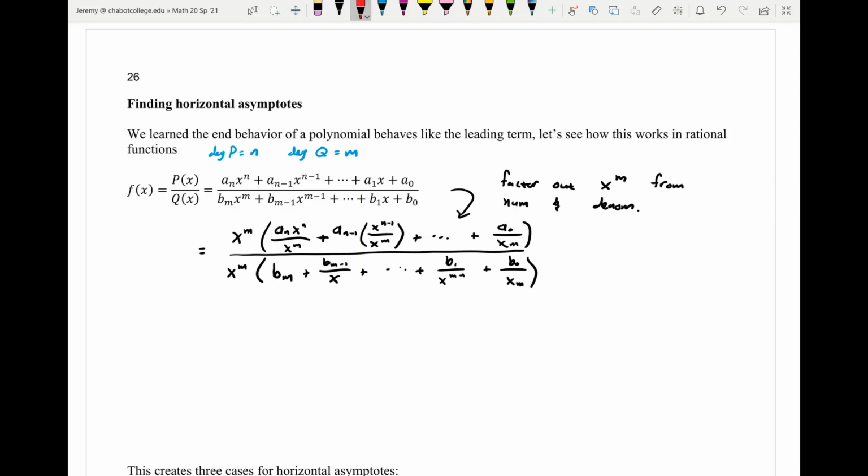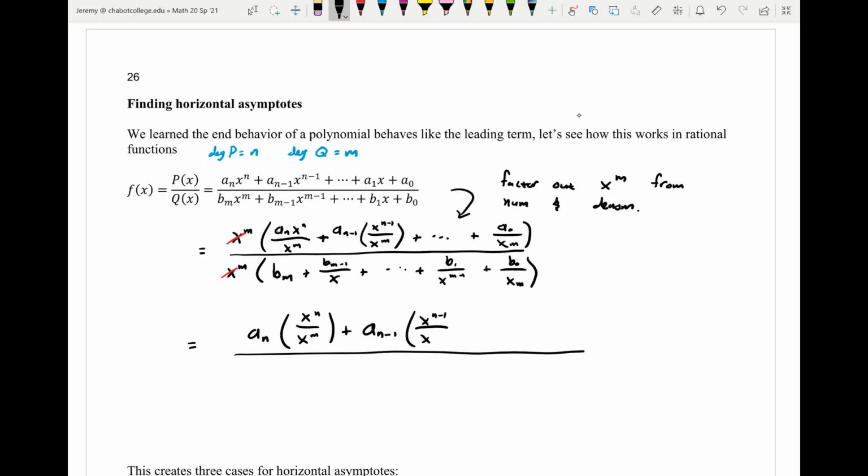Okay, so then the x to the m and the x to the m can cancel out. And here's what I'm left with. So I'm going to write this kind of big here. In the numerator, I'm going to write this as a sub n, the leading coefficient, and then x to the n over x to the m, plus a sub n minus 1 times x to the n minus 1 over x to the m, plus dot, dot, dot, all the way down to the end.